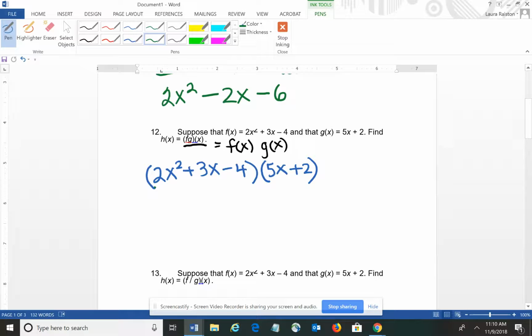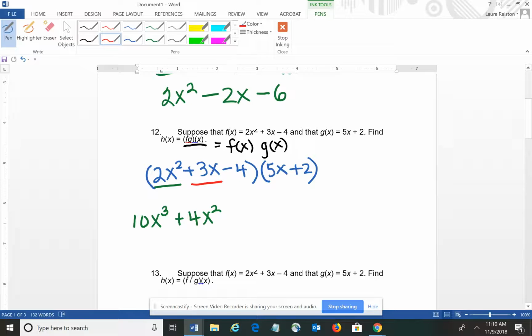Okay, so I'm going to distribute 2x squared first. So 2x squared times 5x is 10x cubed. 2x squared times plus 2 is plus 4x squared. I come back and I distribute the plus 3x.